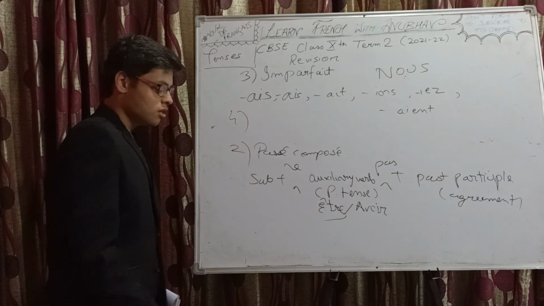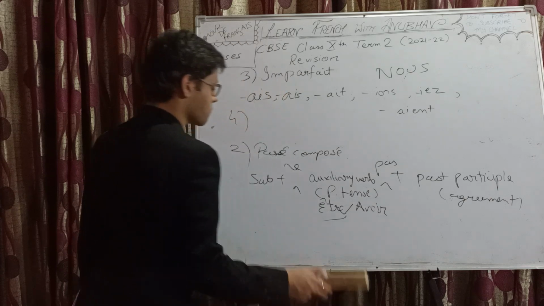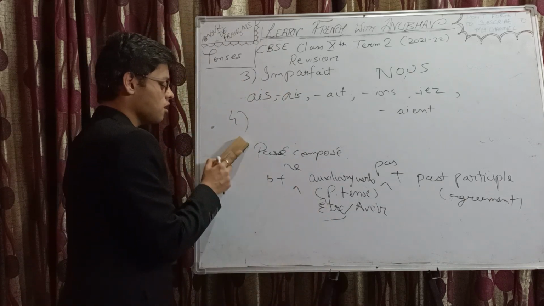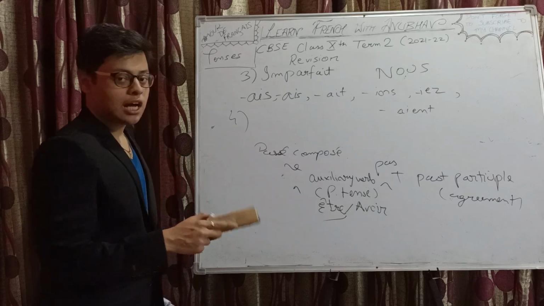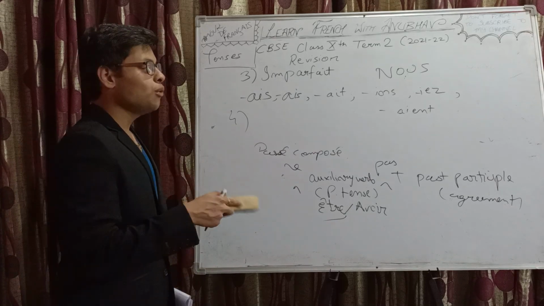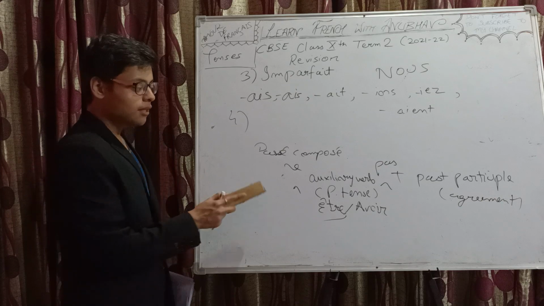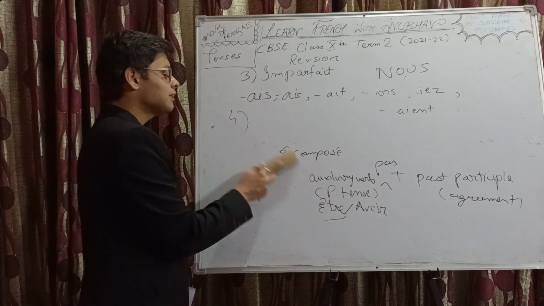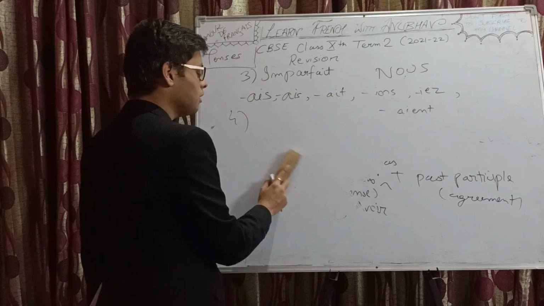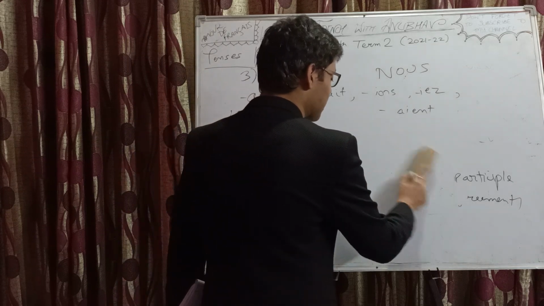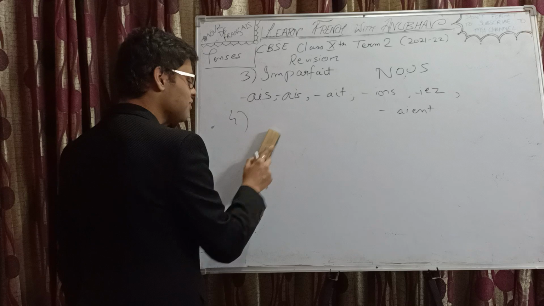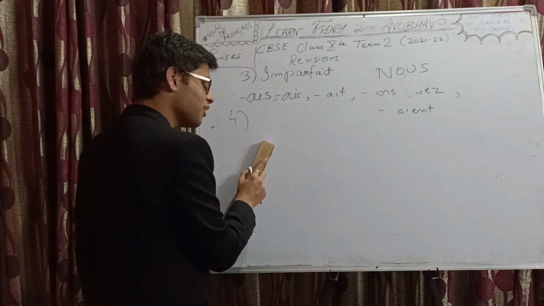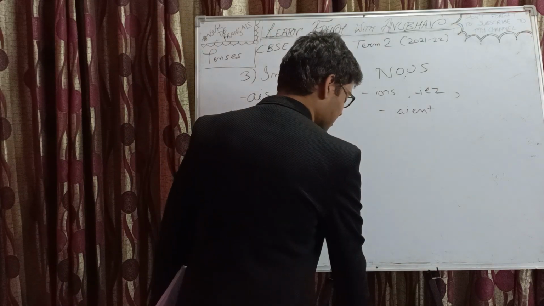Moving to the fourth one. Of course, like all the cases in imparfait, which verbs are conjugated in which way, to know that you need to watch the video on imparfait, because discussing everything won't be possible in this video. We're just revising superficially, not even the verbs, just the tenses.